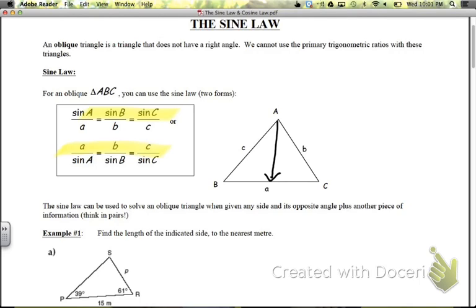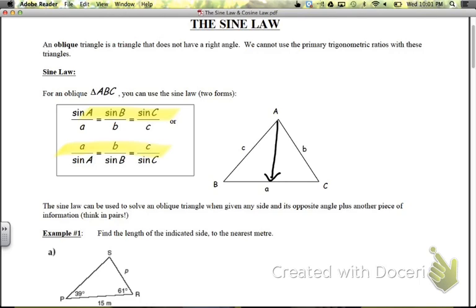So we will be using both ways of figuring out with the sine law. Also to note here, you're never going to actually have all three fractions equal to one another. You only deal with two at a time.